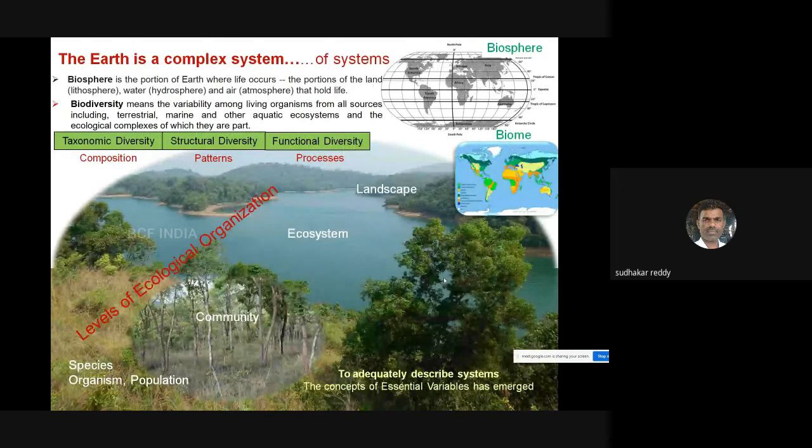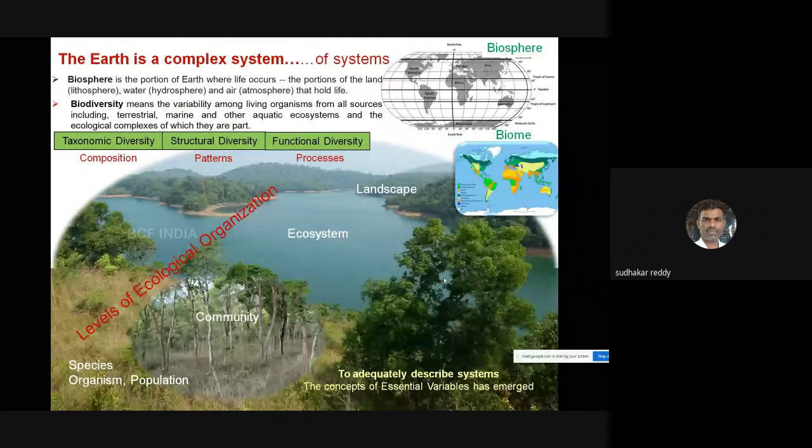We are all aware that the Earth is a complex system of many systems, and the Earth has a biosphere. It represents the life in the lithosphere, hydrosphere, and atmosphere. And biodiversity is not just species richness.